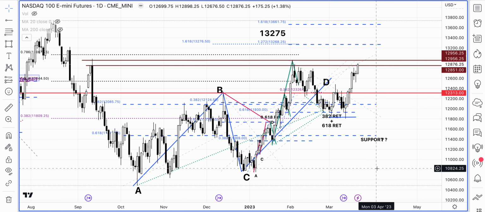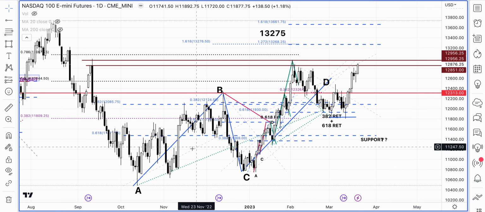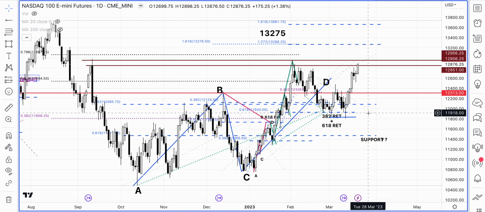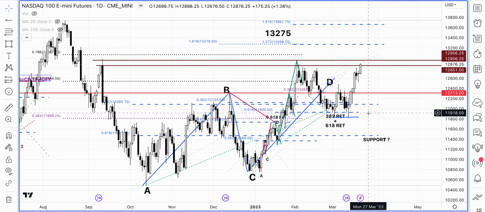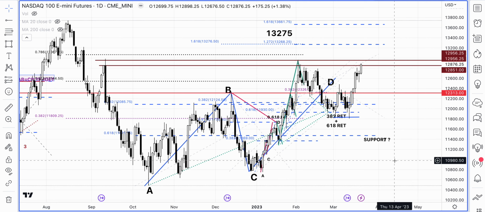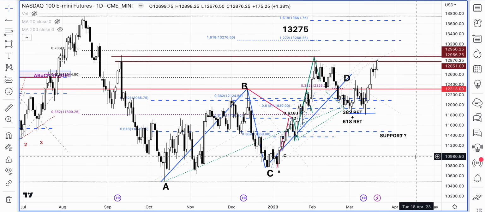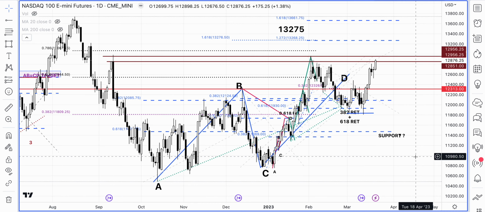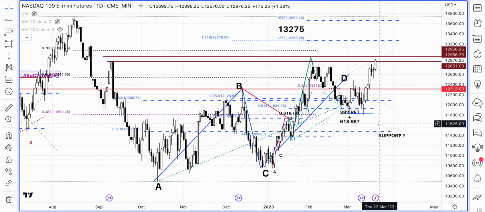Anyway, looking at the technicals, this chart looks much stronger compared to the other two indices which we have seen, the S&P 500 ES mini contract chart and the Russell 2000 mini contract chart.